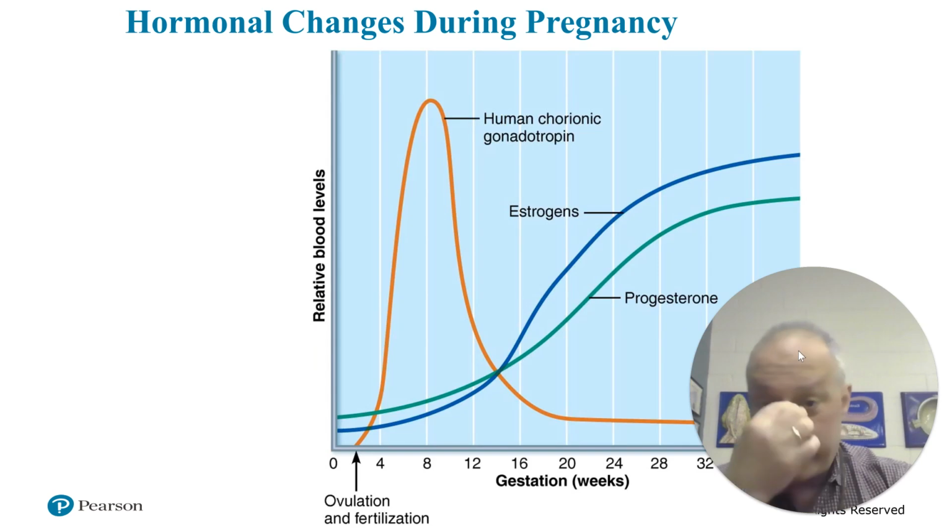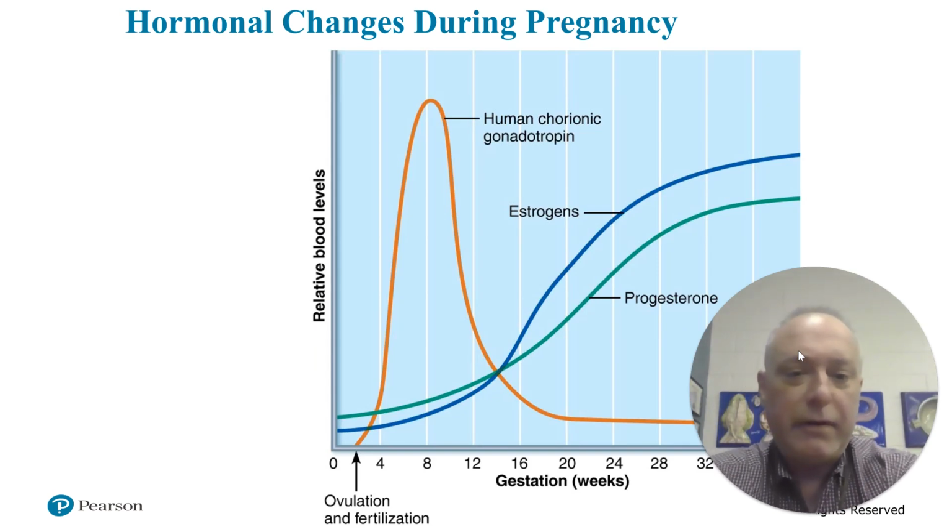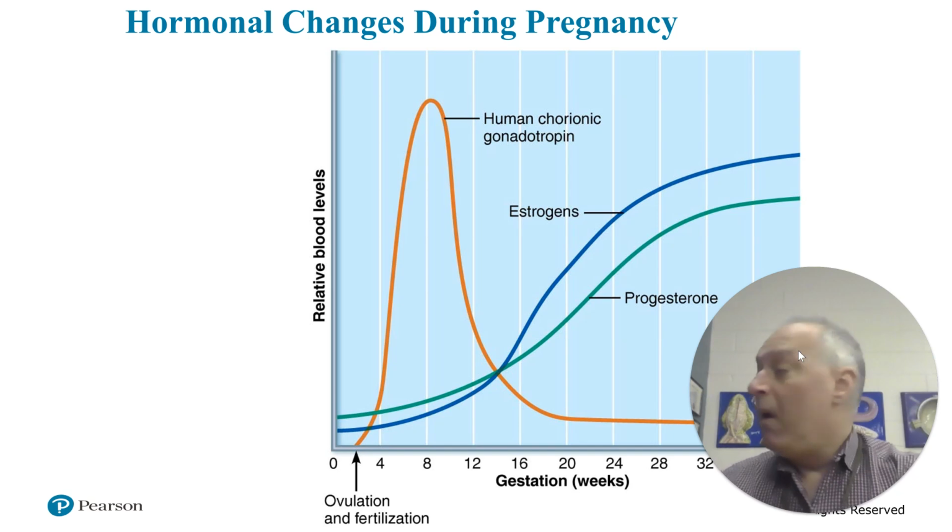Okay, so at fertilization and until birth, there are various hormonal changes. The first hormonal change, really, is the spike in human chorionic gonadotropin. This is what many pregnancy tests will test for.